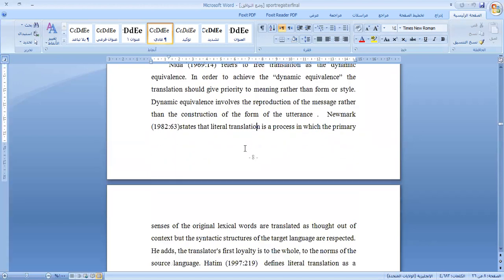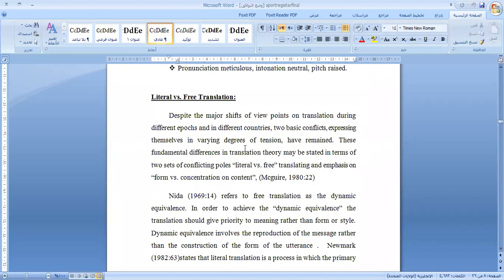First of all, we are going to see how literal translation versus free translation, which is more suitable. As we said, literal translation simply means the replacement of vocabulary from the source language with equivalent vocabulary in the target language.